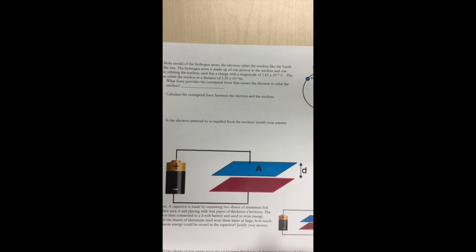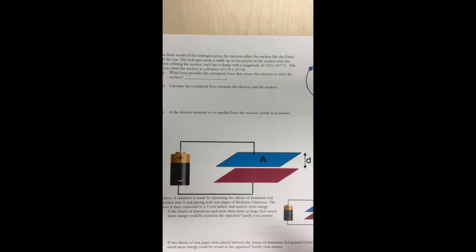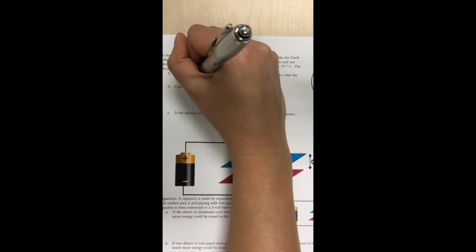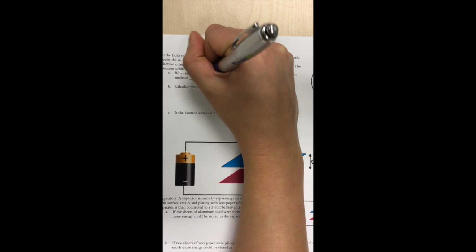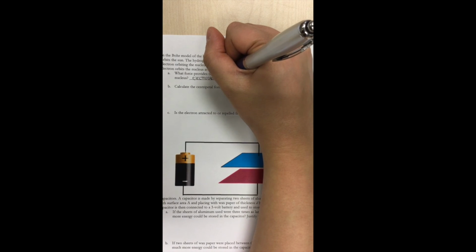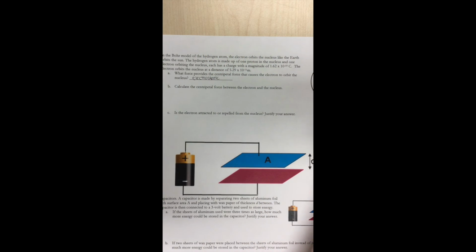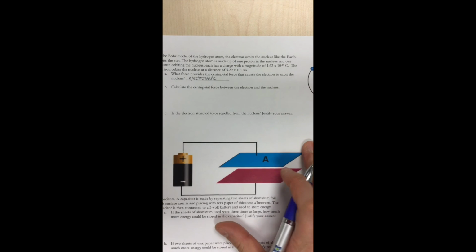So last page, we're almost done. The Bohr model. If an electron orbits a proton, there must be a centripetal force acting towards the center. That force is the electrostatic force. Because the electron is attracted to the proton, the electrostatic force between them acts as the centripetal force, causing them to orbit each other.